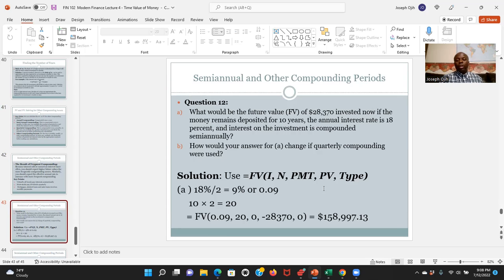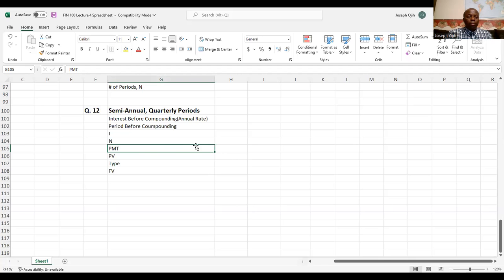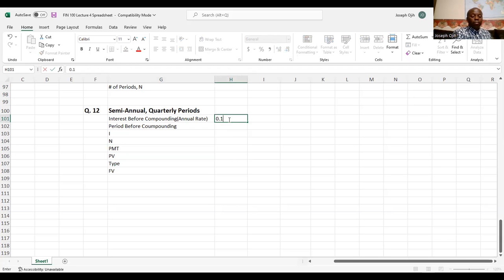Now let us go to our Excel and put these numbers in. So I'll take you there. I believe this is it. Okay. Before the compoundment, interest was said to be 18%, which is 0.18.